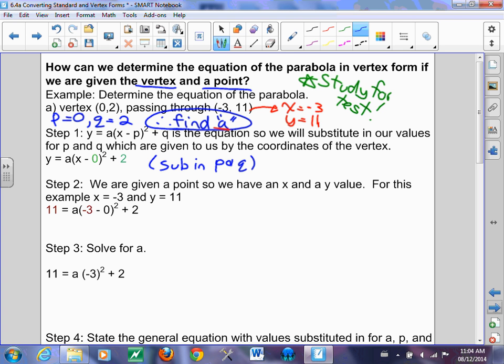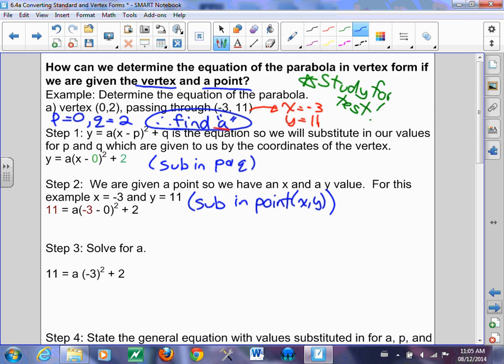Notice what's left in our formula. Okay, step 2, we are given a point, so we have an x and y value to sub in. And so we're going to sub in x equals negative 3 and y equals 11. Okay, so what we did here is sub in point xy.